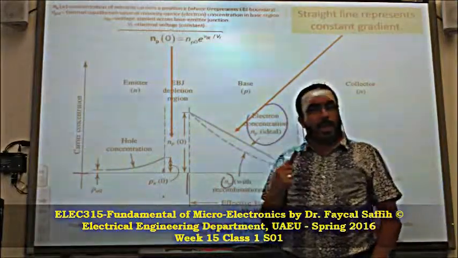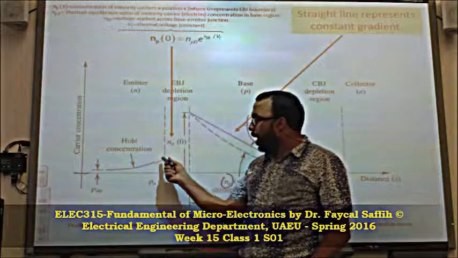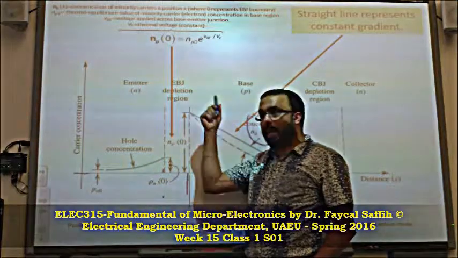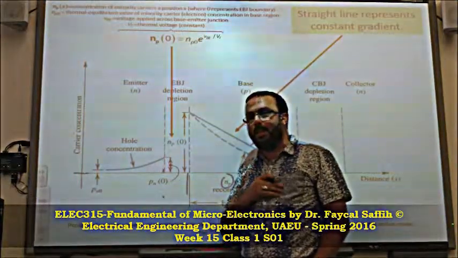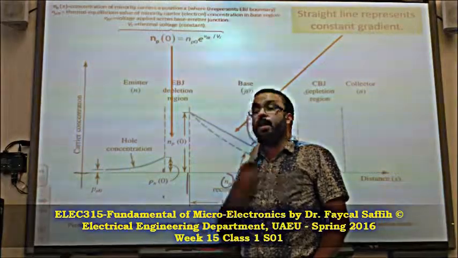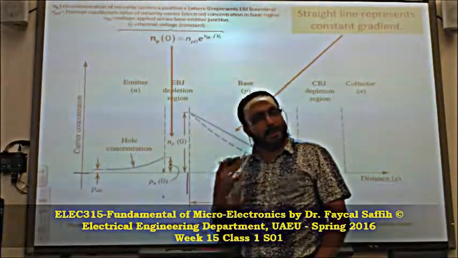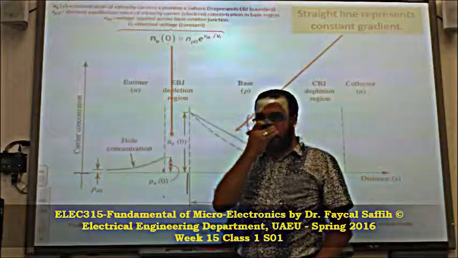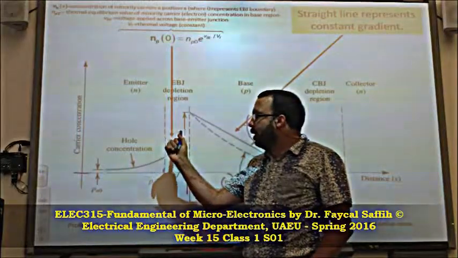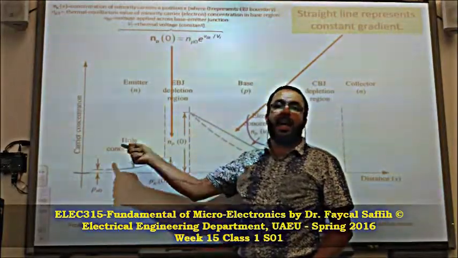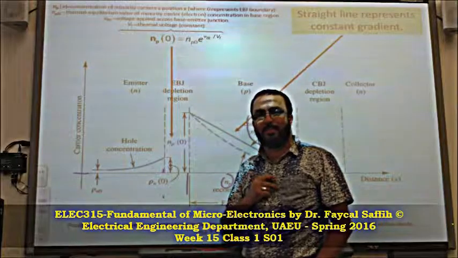Now, somebody may ask, why is the minority here like this, and the minority there like that? Good question. It's because in fabrication, they make sure that the emitter is more highly doped than the base.